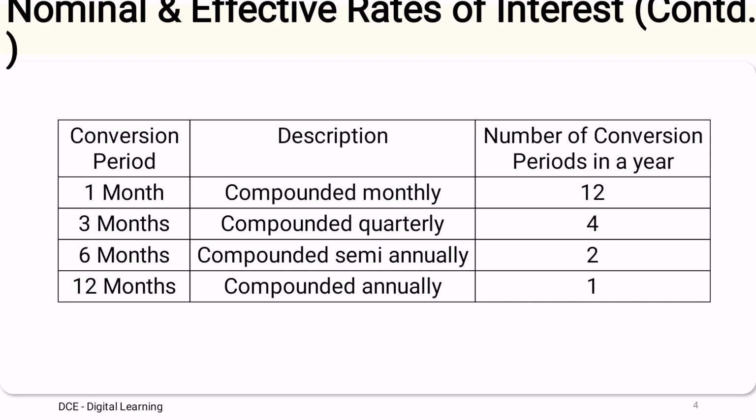If you compound semi-annually, that is half yearly, then the number of conversion periods will be 2. If you compound quarterly, that is once in 3 months, the number of conversion periods will be 4. And if you compound monthly, that is at the end of each month, then the number of conversion periods in a year will be 12.